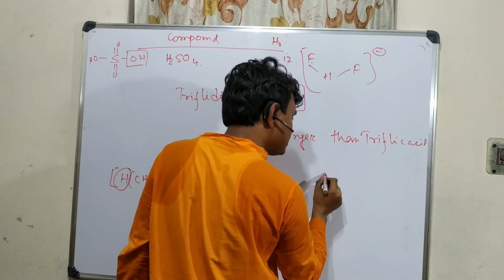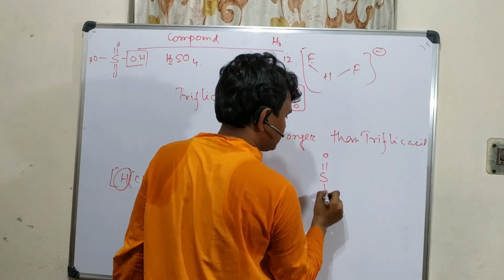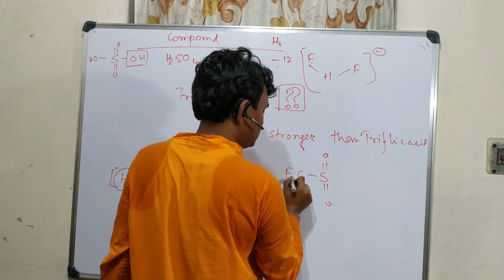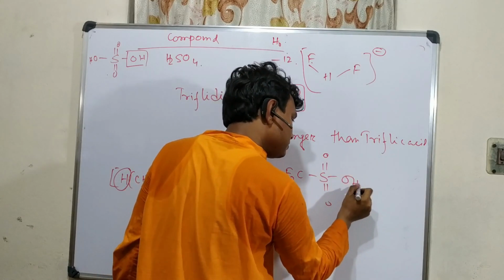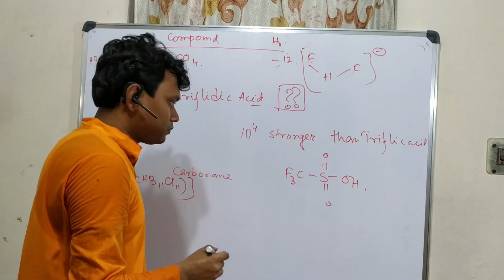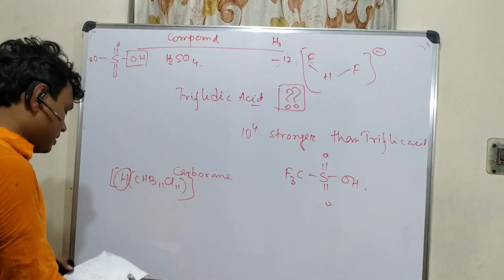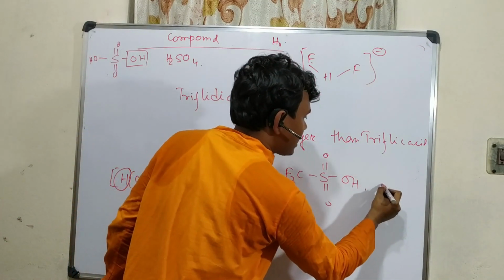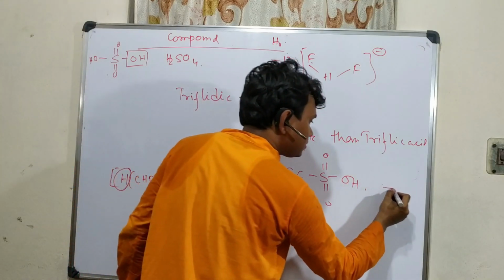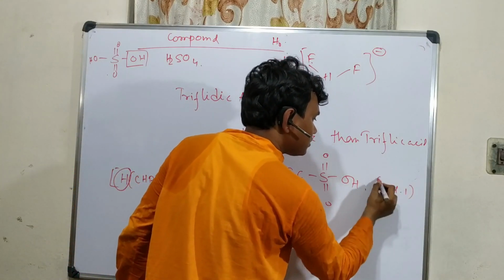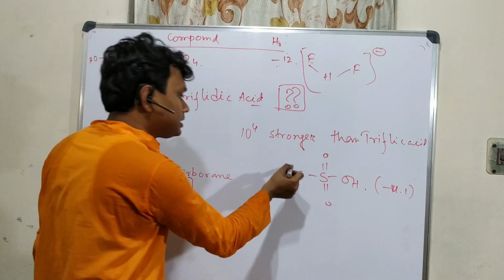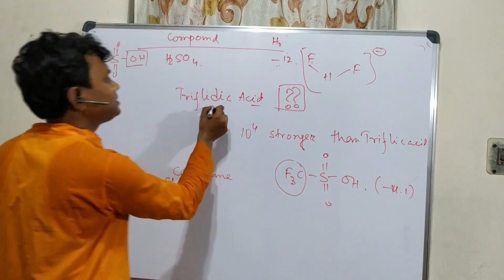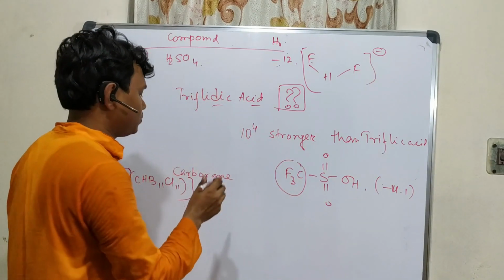Triflic acid means trifluoromethyl sulfonic acid, CF3SO3H. So it is a superacid. I explained it sometime before, and it has an H0 value around minus 14.1. So this is stronger than that, and definitely a superacid, and actually it's a carbon-based superacid.